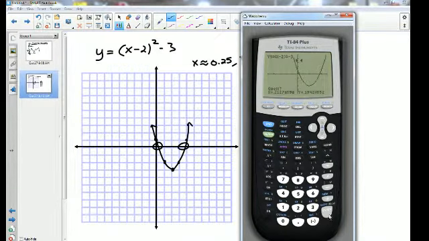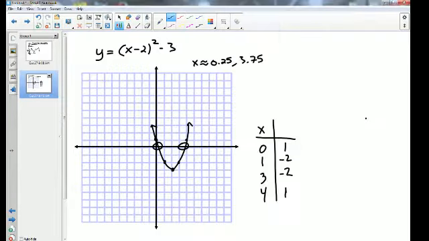Somewhere in there, right? There you go. 8.267. So on the calculator, we can get pretty darn close. It's still not exact and perfect, but it's a lot closer, right?